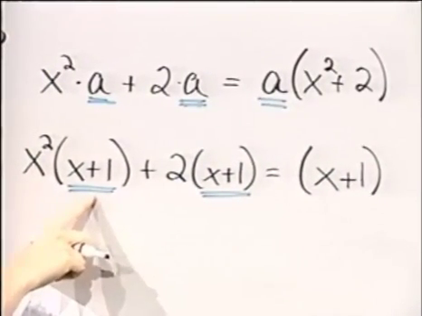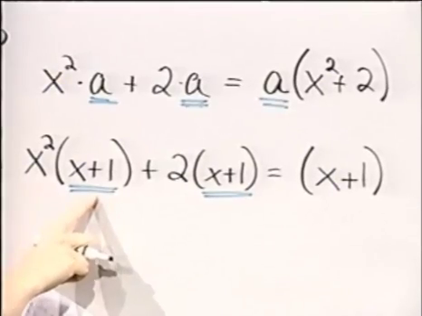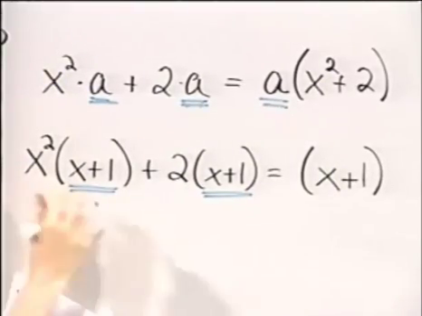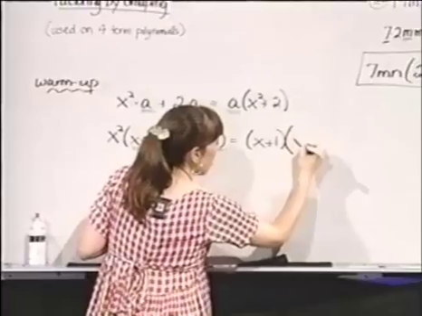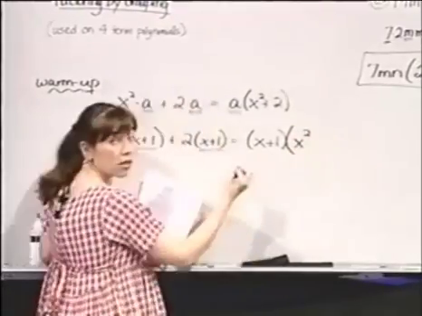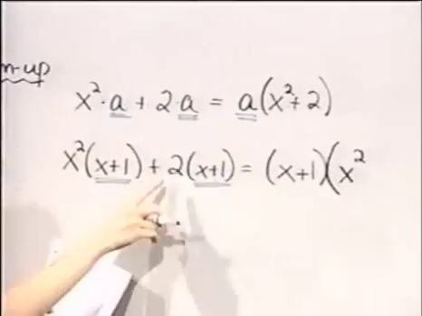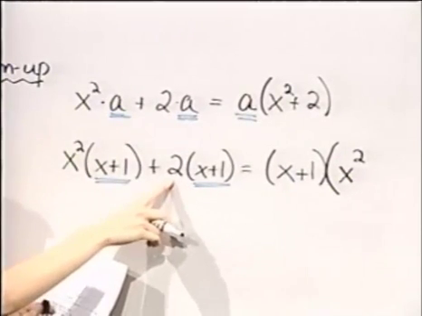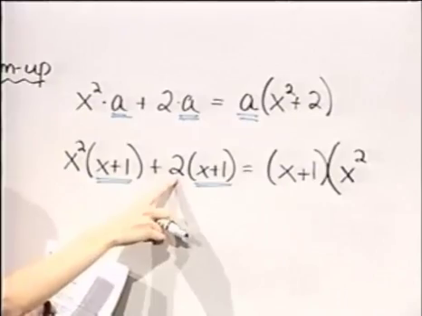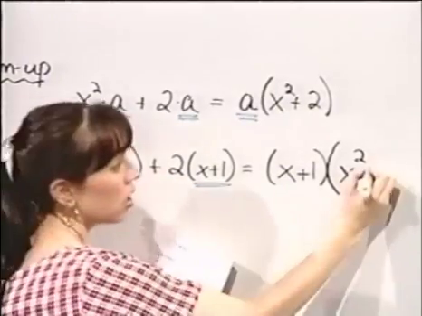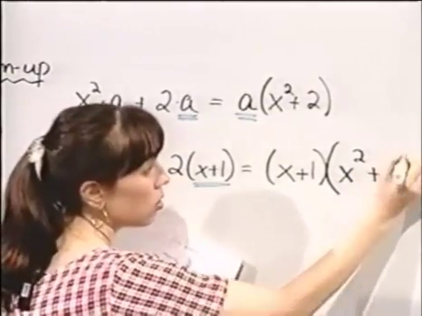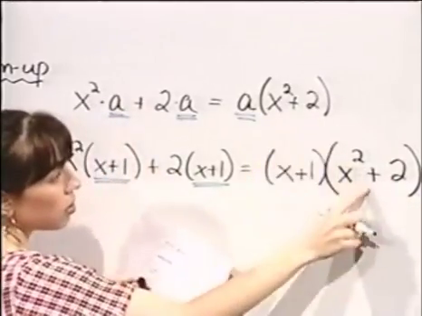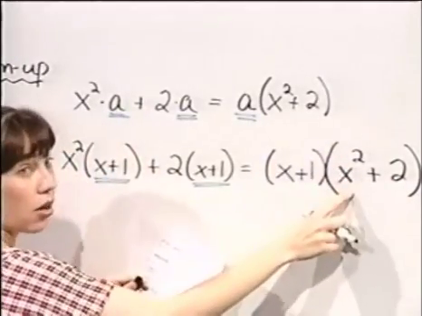When you take x plus 1 away from this first term, you are left with x squared. When you take x plus 1 away from this second term, you're left with 2. Notice x squared plus 2 is the same above and below.